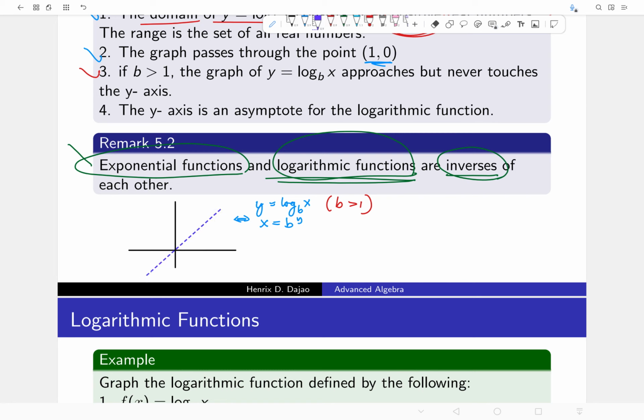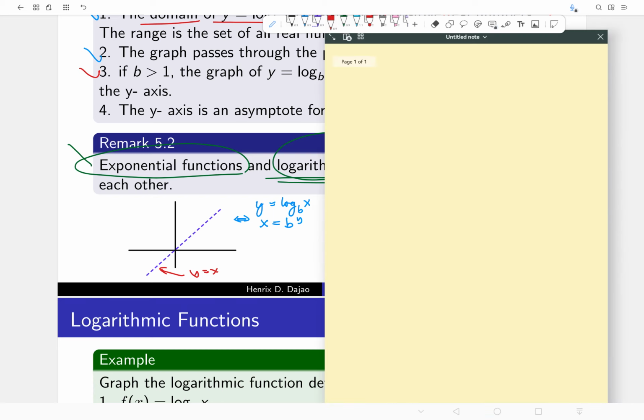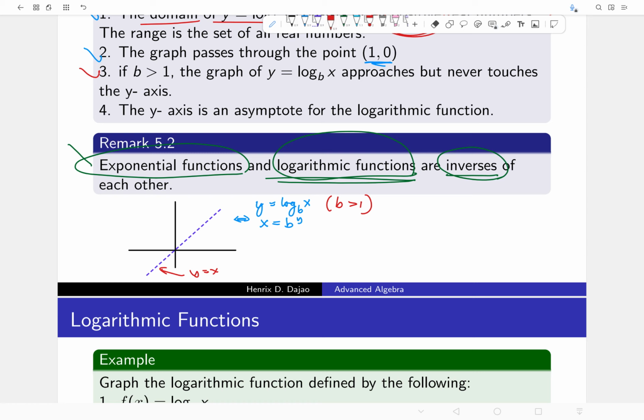Okay, so this is the graph of the line with equation y equals x. So we already knew the appearance of this. What's the appearance of the graph of this exponential function defined by that equation?